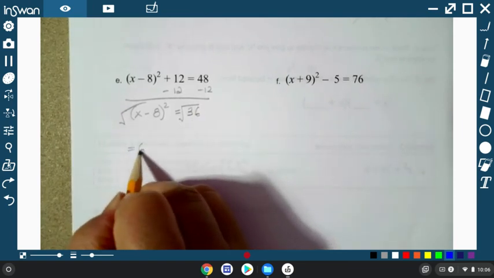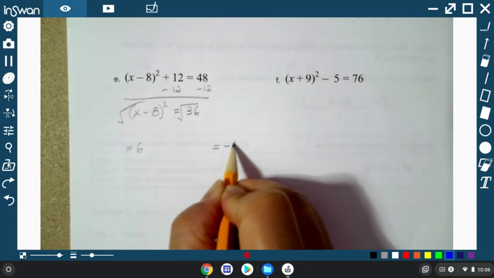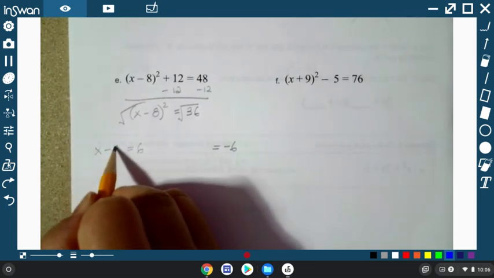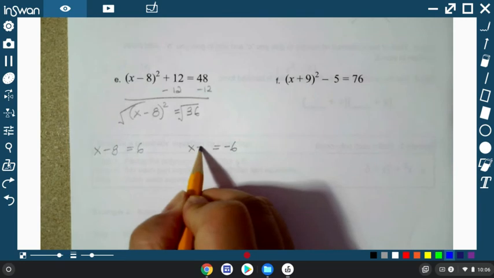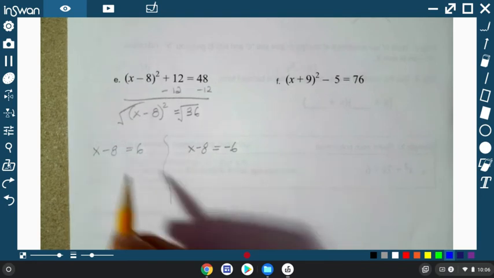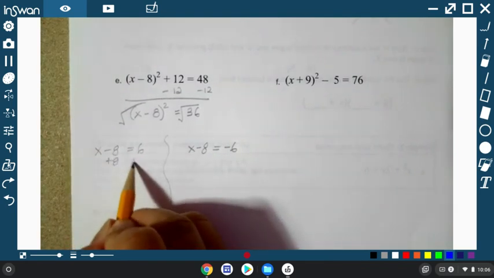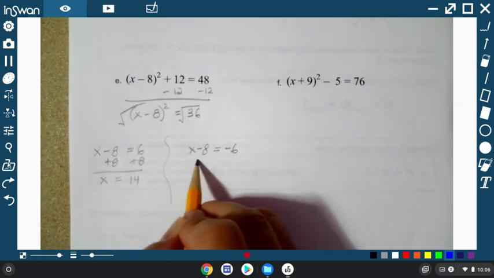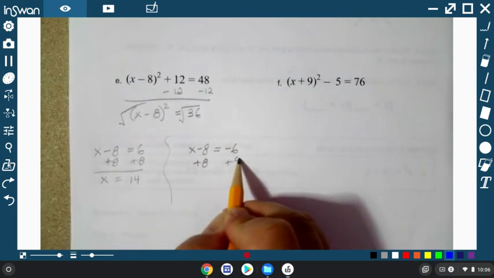So square root of 36 is 6 or negative 6. That's where I'd like to start, okay? Inside this stays the same. Inside stays the same. Please keep telling yourself that. Inside the parentheses stays the same. Now solve it like 2 separate equations. Add 8. And then add 8.